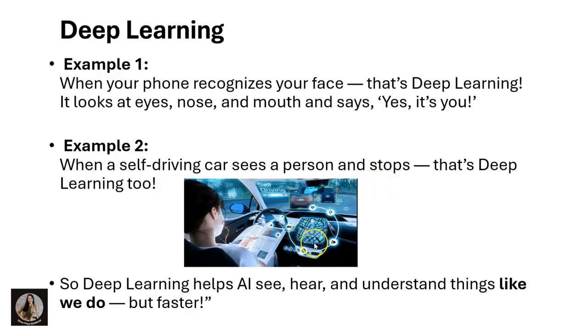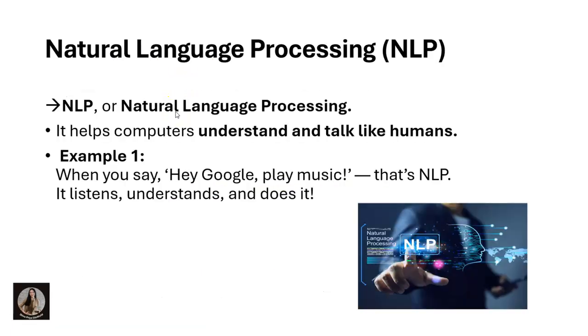It will apply the brake whenever needed. That's how deep learning works. Deep learning helps AI to see, hear and understand things like we do, but faster. It is much faster compared to the human brain. Understood what deep learning is, how it works in daily life, and where it is applicable?